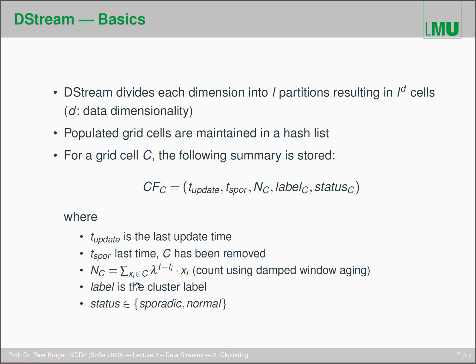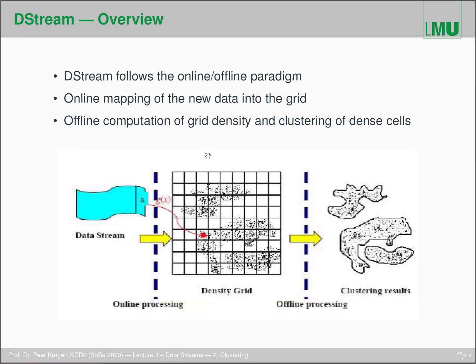Then we also store a label, which is the cluster label, and we store a status of the cell, which is either sporadic or normal.